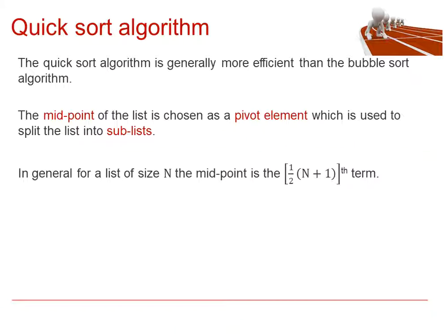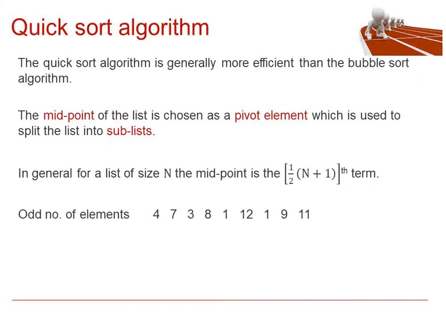In general, for a list of size n, the midpoint can be found by using the half n plus 1th term, and this can be rounded up if a decimal value is produced.